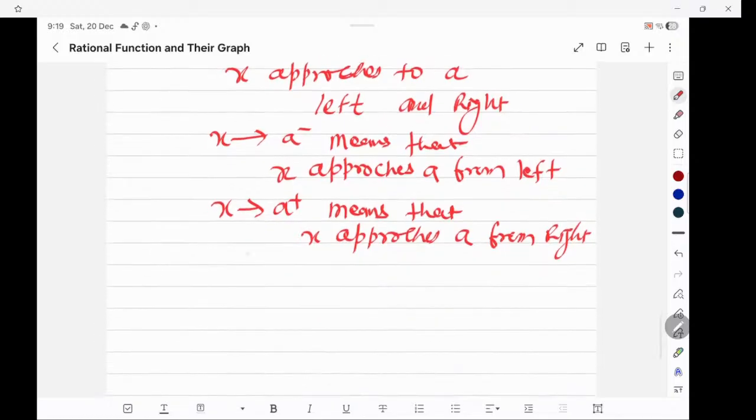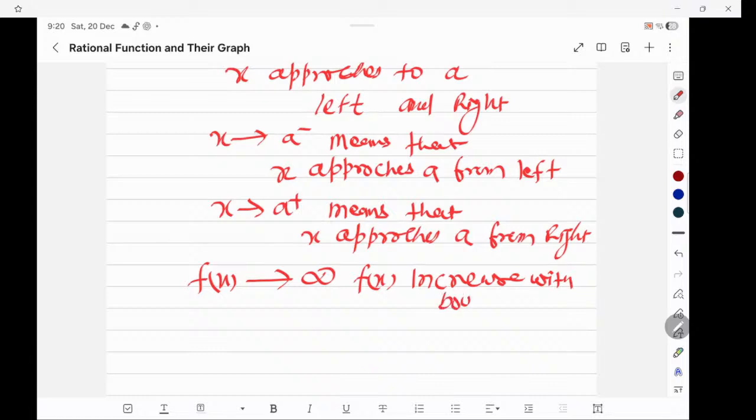So if x approaches a minus, it means f(x) approaches infinity. F(x) approaches infinity means that f(x) increases without bound.